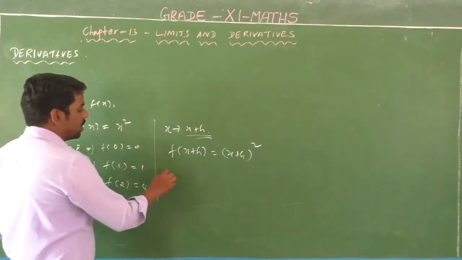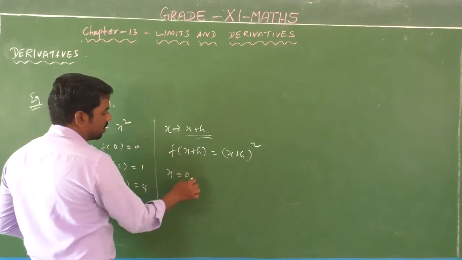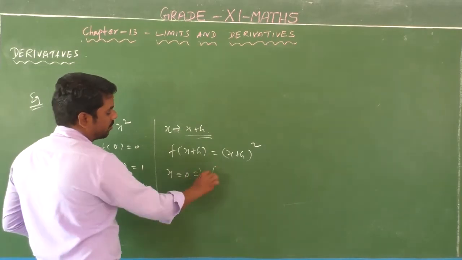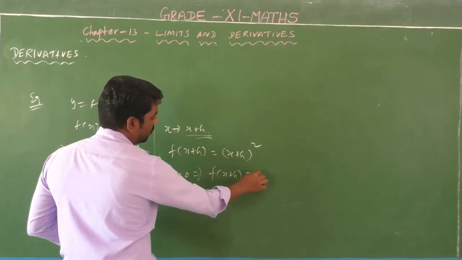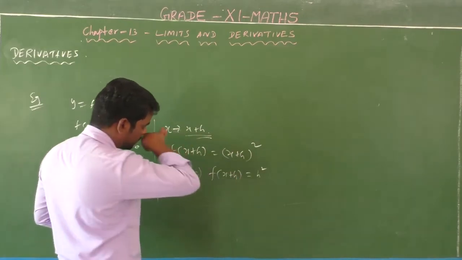If x equal to 0, substitute: f of x plus h is equal to 0 plus h the whole square, that is h square.